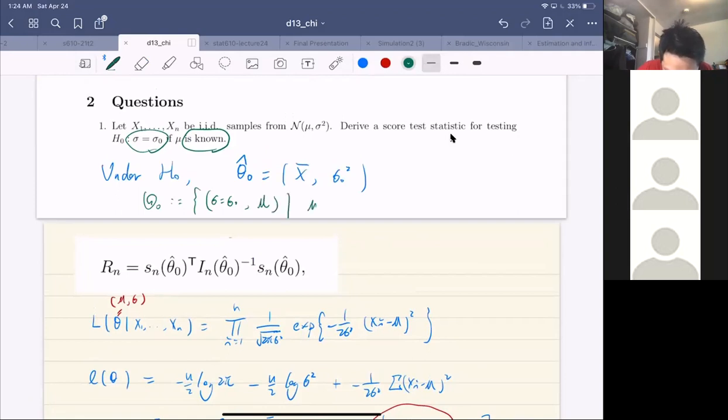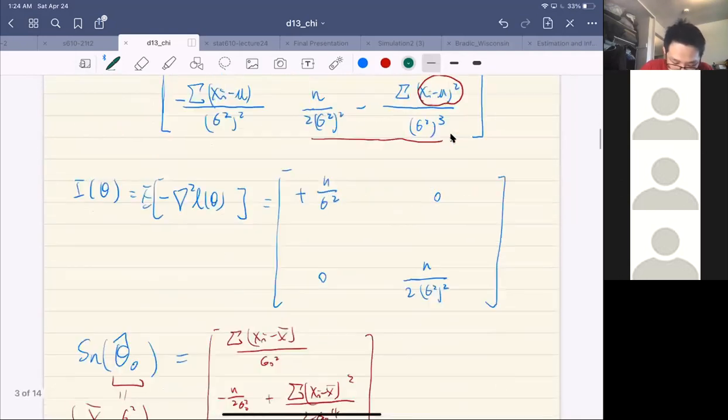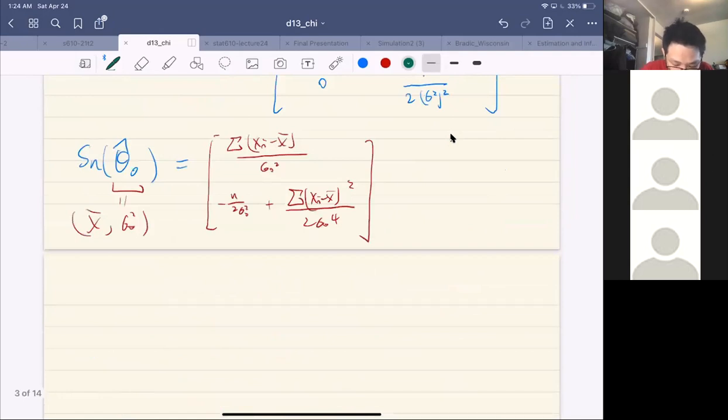And we want to find the MLE under the null space. In this case it's easy. We know the MLE is x bar and sigma null. So we plug this into the score function Sn, and then we will figure out what this is.